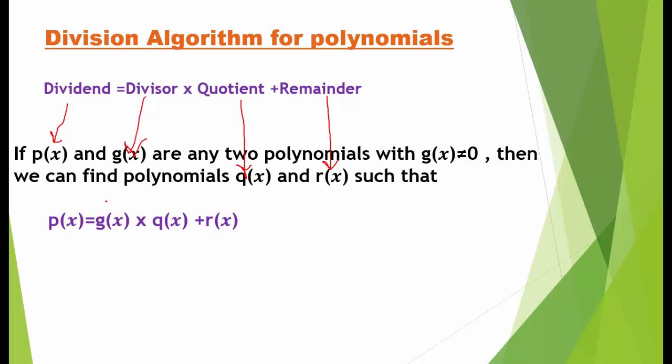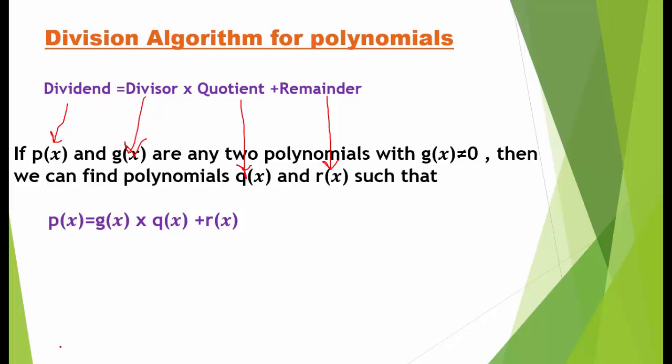If you compare this relation with this, then you find that dividend is P of x and divisor is G of x, quotient is Q of x, and remainder is R of x. Meaning if we divide P of x with G of x, then we will get Q of x as quotient and R of x as remainder.